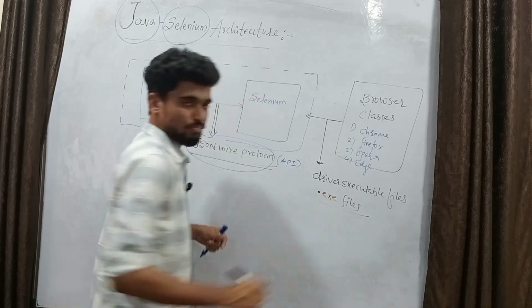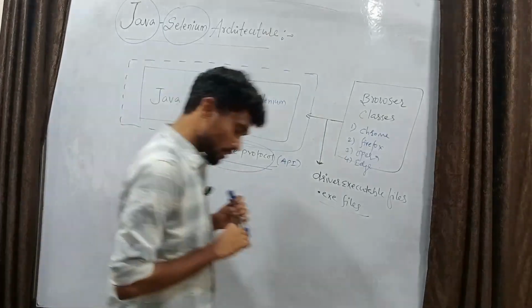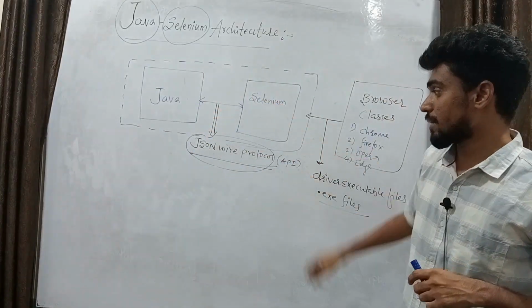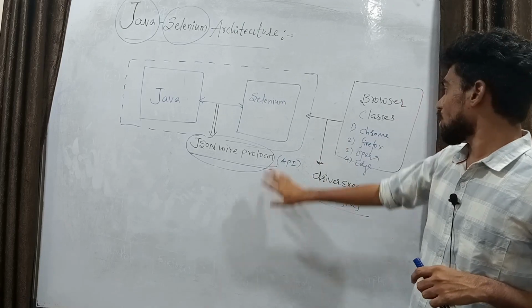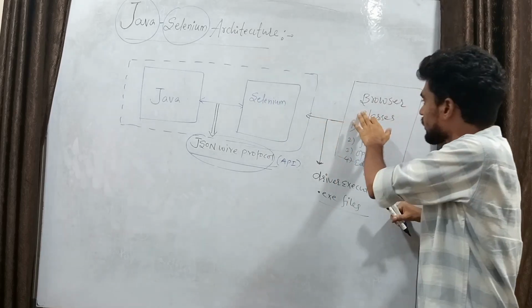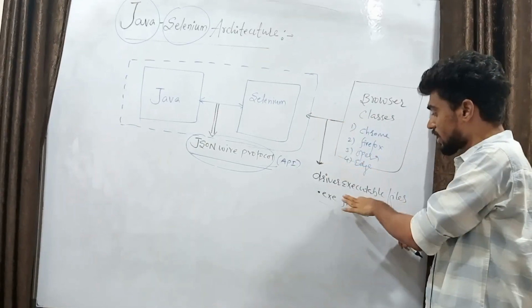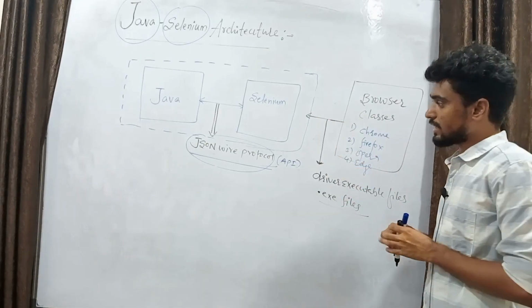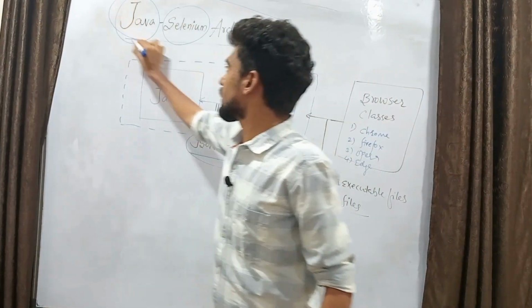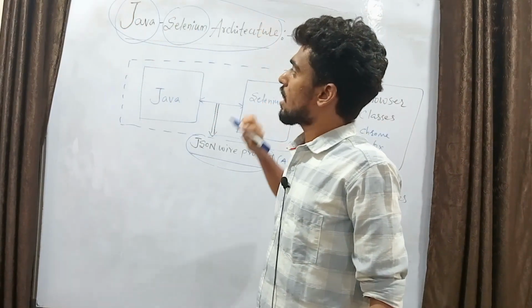Observe carefully. First of all, Java is communicating with the Selenium by using JSON wire protocol, and combinedly Java and Selenium are communicating with the browser classes by using driver executable files. So this process is called Java Selenium architecture.